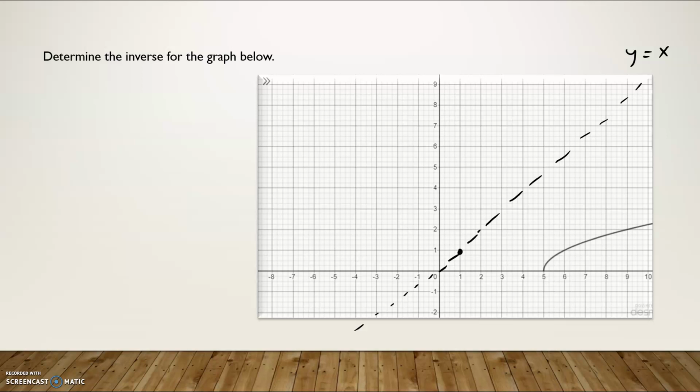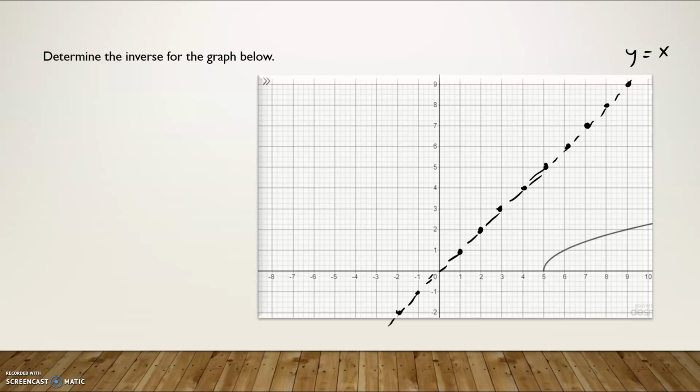So 1, 1, 2, 2, 3, 3, 4, 4, 5, 5, 6, 6. Notice I'm getting off just a hair over here, so I can fix that. -1, -1, -2, -2. Okay, so there's y equals x.